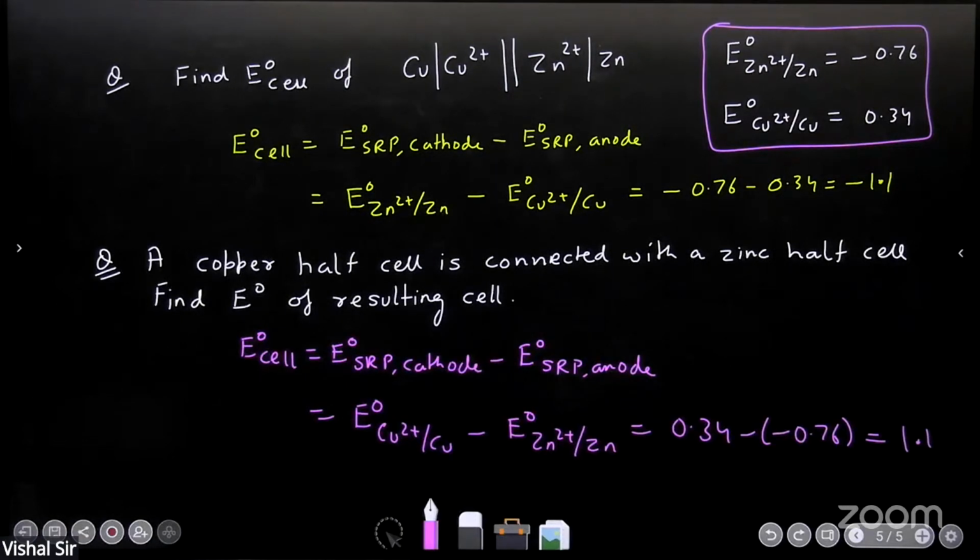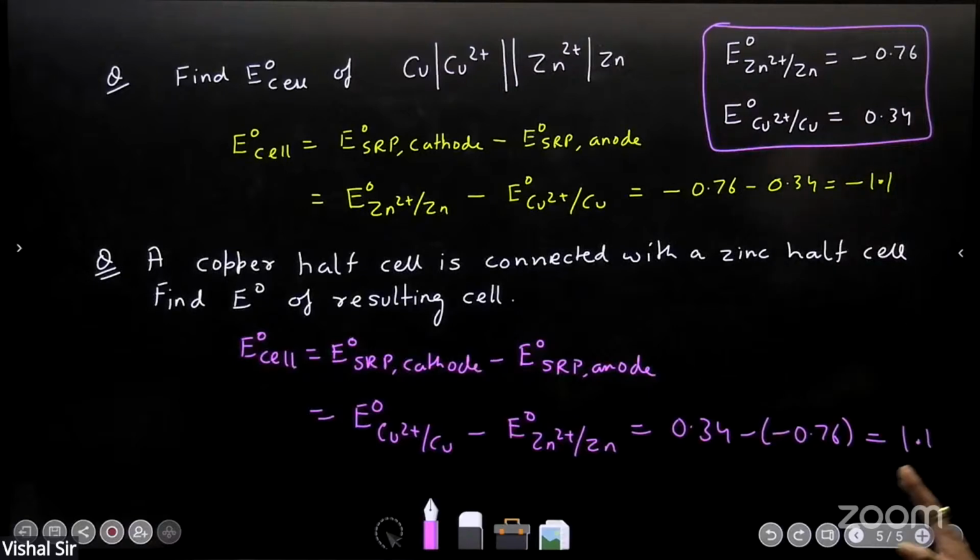But in contrast, in the second problem, what happened? We were not given any notation. We were just said that a zinc half cell and a copper half cell are connected.